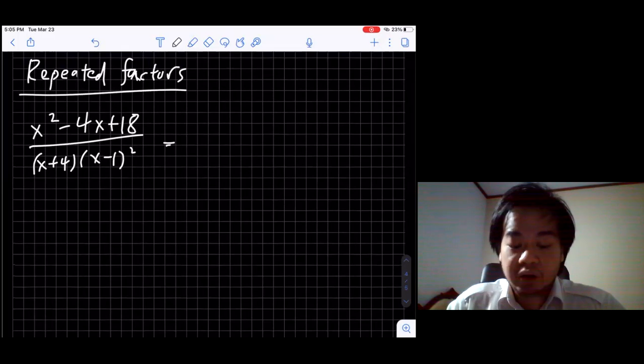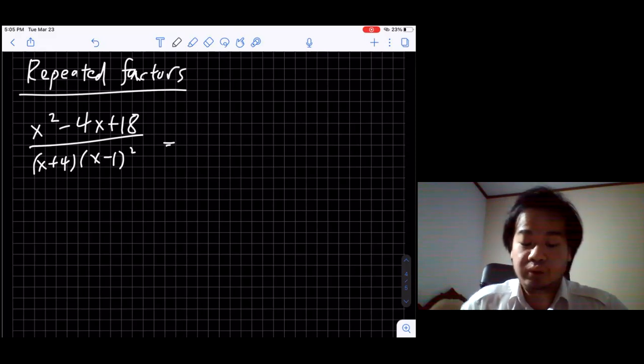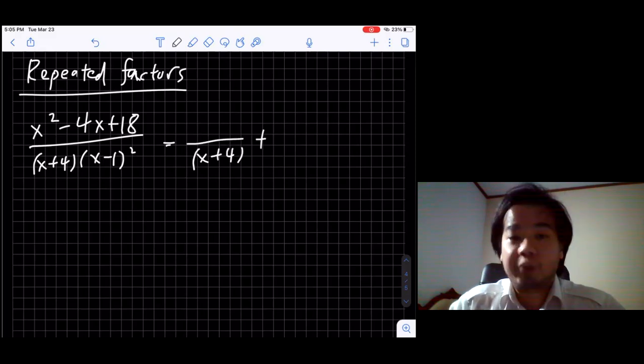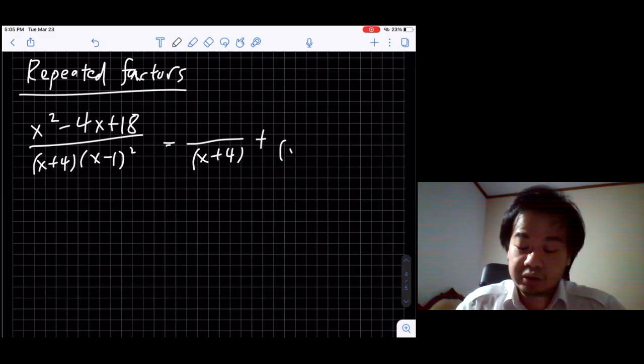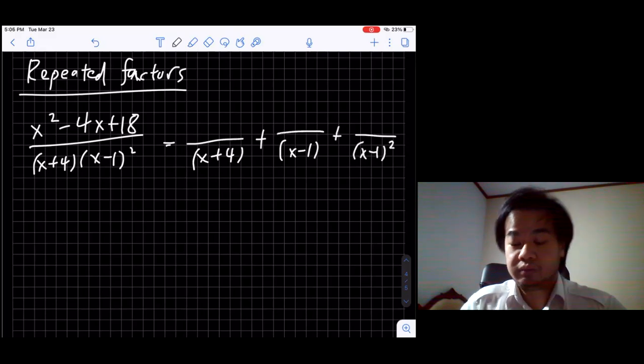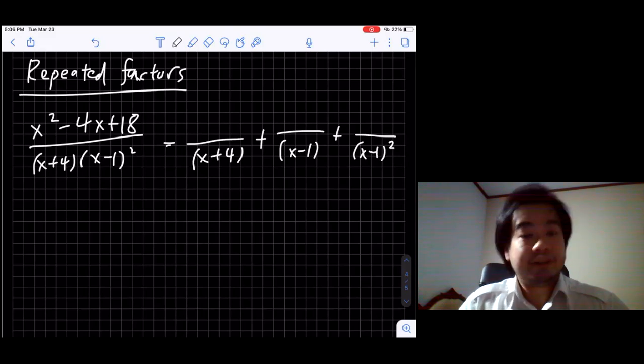If you want to resolve this into partial fractions, the rule is to do the same as for a single factor, but for the repeated factor, you need to start with power 1.